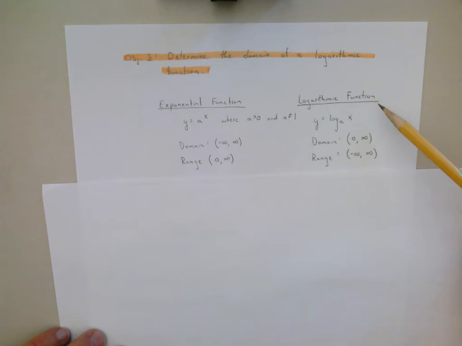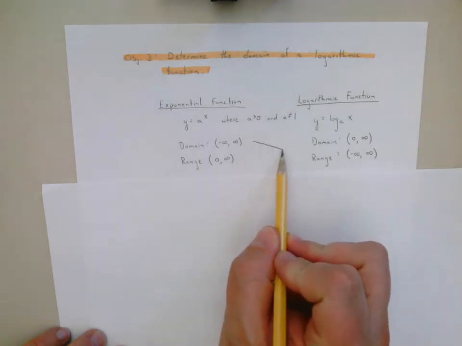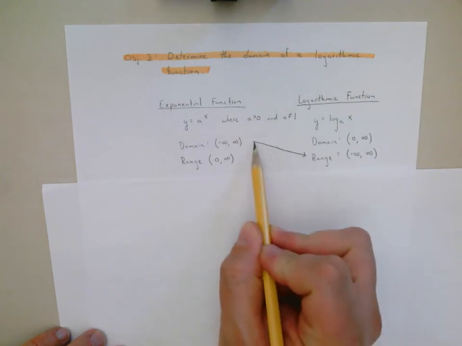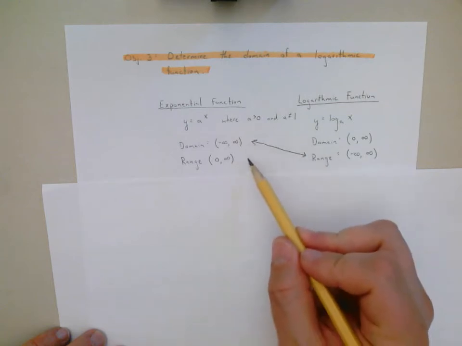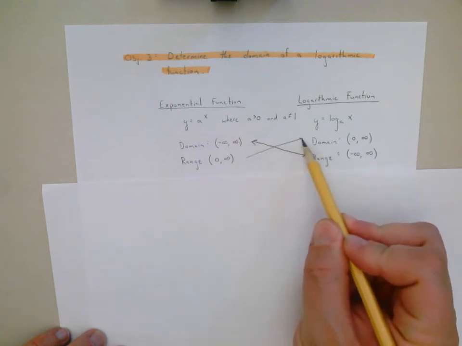The logarithmic function is the inverse of the exponential function. Remember that when we studied inverses, we learned that the domain of a function is the range of its inverse. And the range of a function is the domain of its inverse.